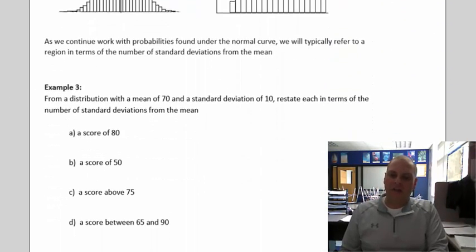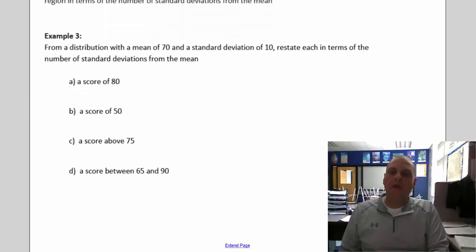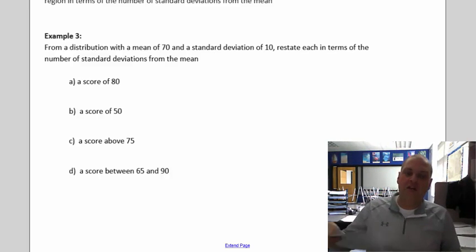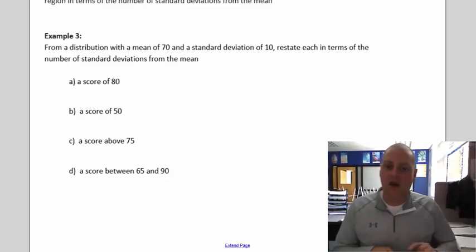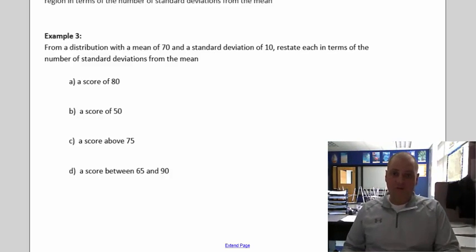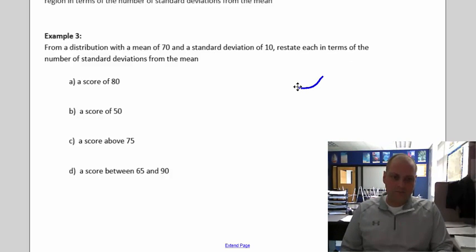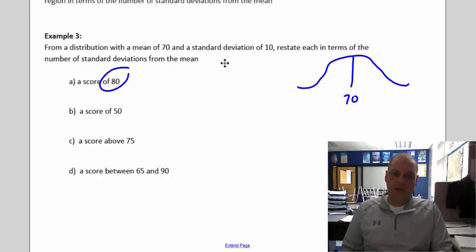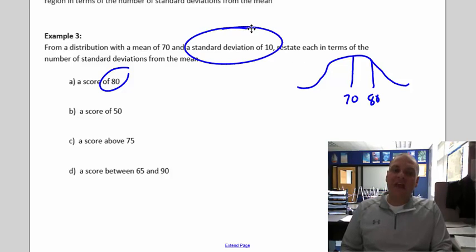All right, so on to example 3. I think we understand that. From a distribution with a mean of 70 and deviation of 10, restate each in terms of the number of standard deviations from the mean. If the mean is 70, that's our middle. I'm going to draw a little picture here. Get in the habit of drawing pictures. Where would 80 be? Well, 80 is above the mean, obviously. If the deviation is 10, then 80 is 10 above the mean.